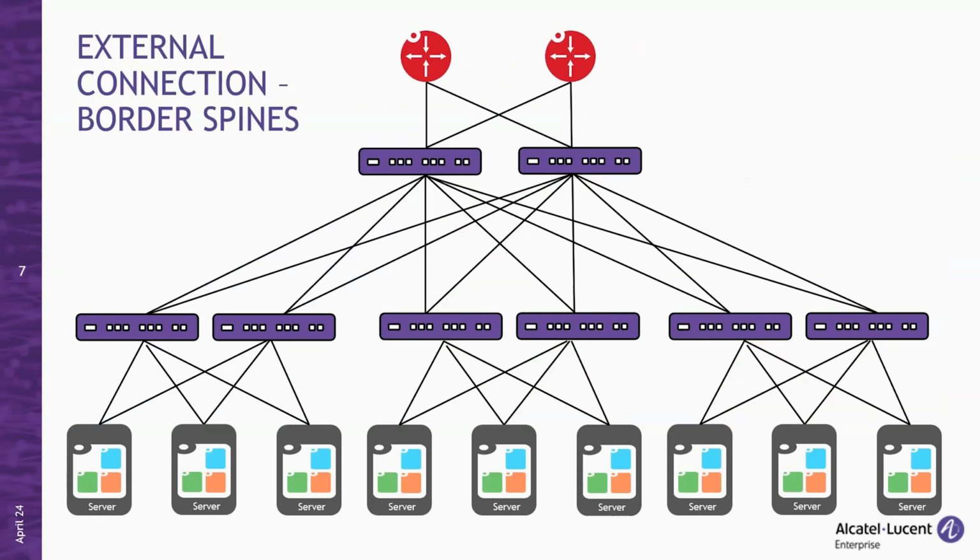Using border spines is a good option when there are two spines, and this allows for active-active or active-standby redundant external connections or connections to services. It's also a good option when your north-to-south traffic is high compared to your east-west traffic. This depends on the traffic patterns in your data center. However, a larger data center may require more than two spines, and using border spines will stop making sense if external connections or services only connect to those two spines.